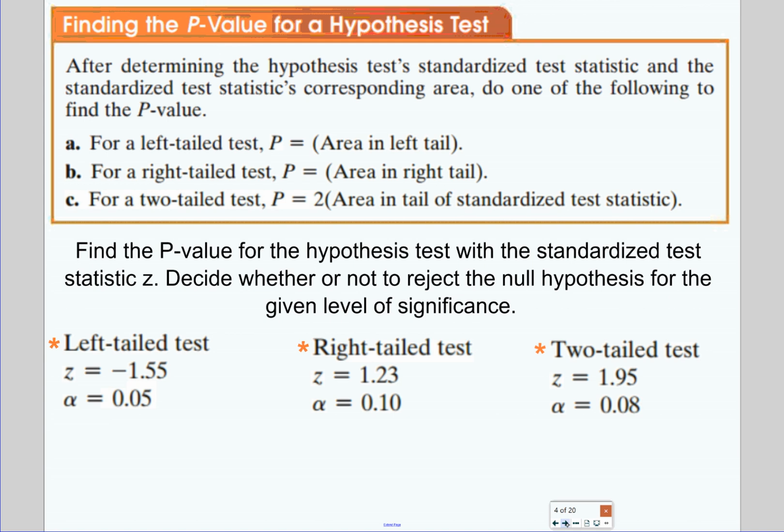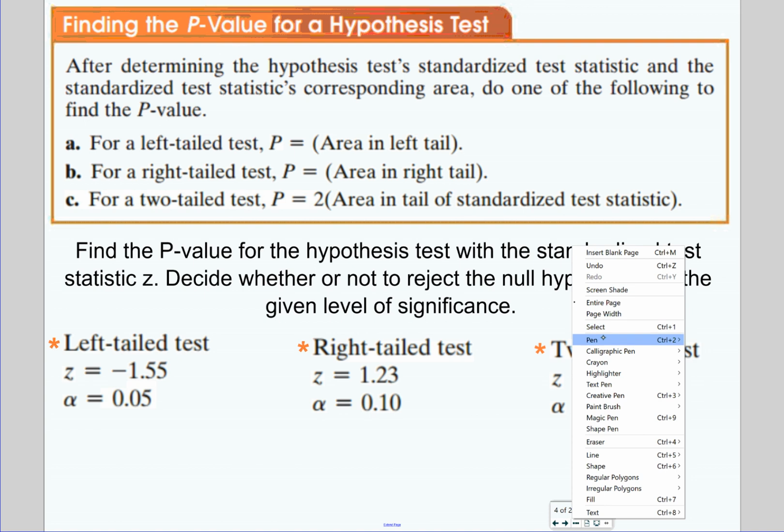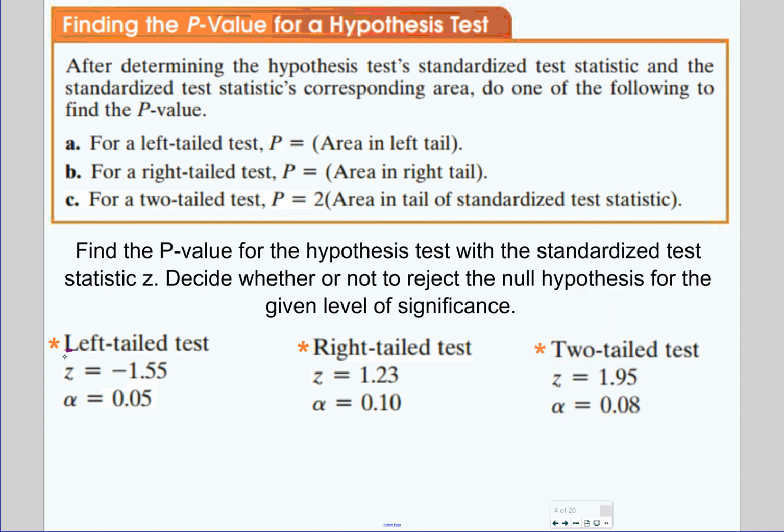Okay, so we're going to practice this. You need your standard tables, your Z-score tables. If you guys have those handy. I'll grab mine too here. All right, so for a left-tailed test, we have a z-score of negative 1.55. So that is your z-score. So that's what's on the left and on the top of your chart. So let's see, negative 1.55.